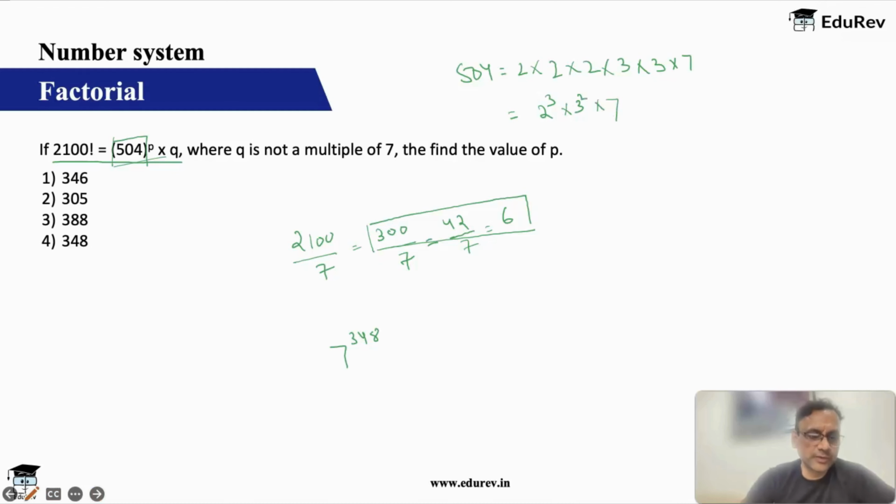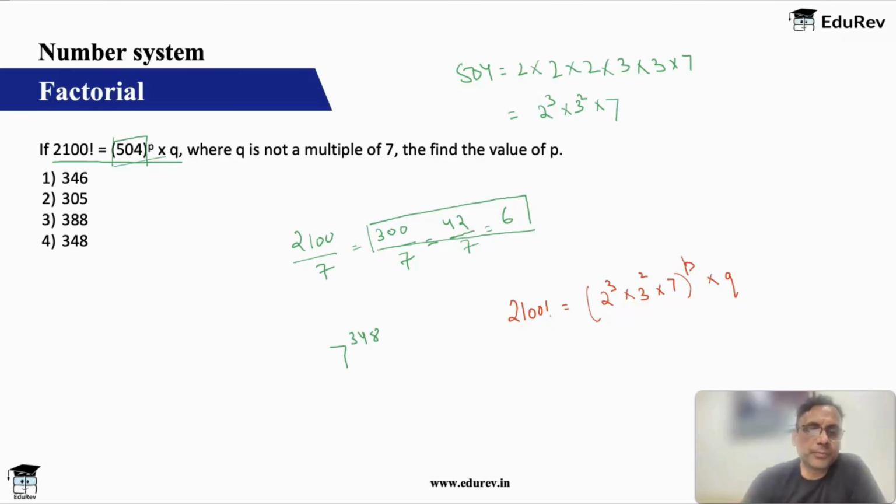So essentially what we are saying is that 2100 factorial is being written as 504, which is 2 cube into 3 square into 7, to the power p into q.